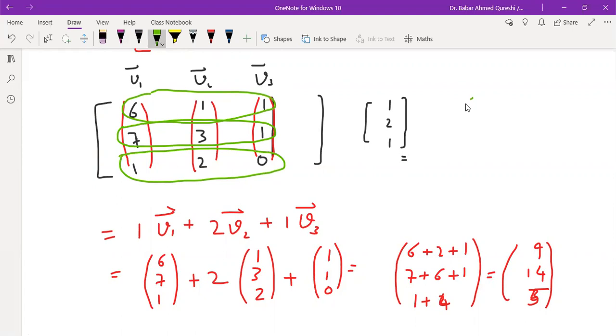So the first dot is 6 into 1 plus 1 into 2 plus 1 into 1, which is exactly this. The second dot, this one going into this: 7 into 1, 3 into 2, 1 into 1. And 1 into 1, 2 into 2, plus 0 into 1, which is exactly this.